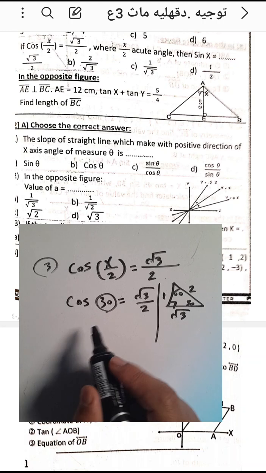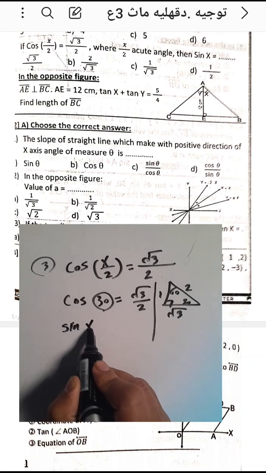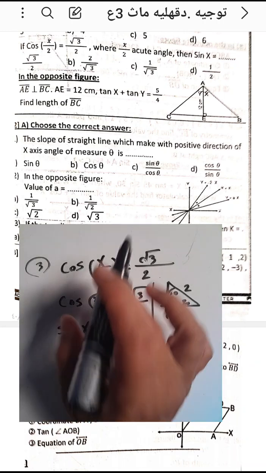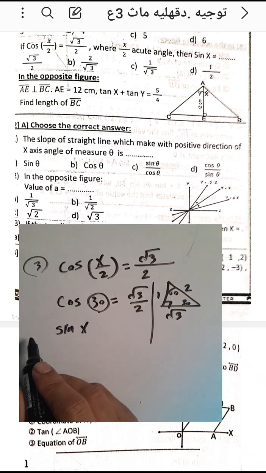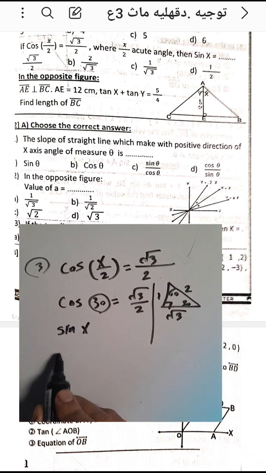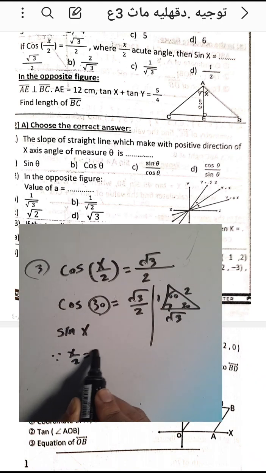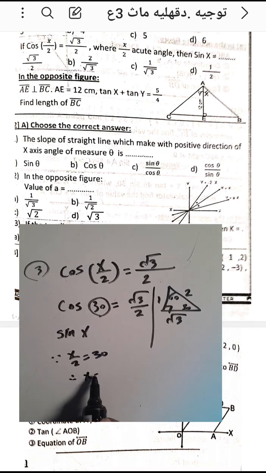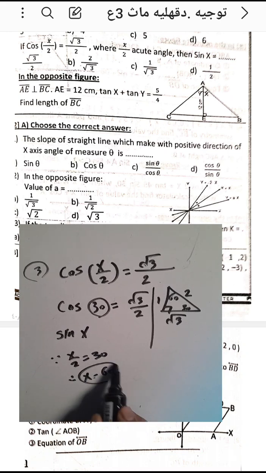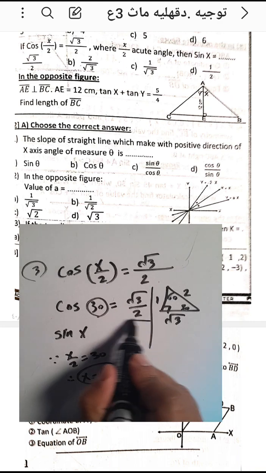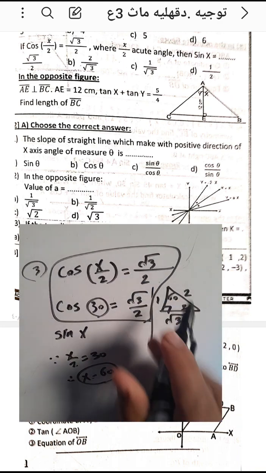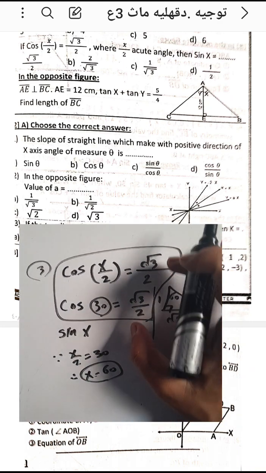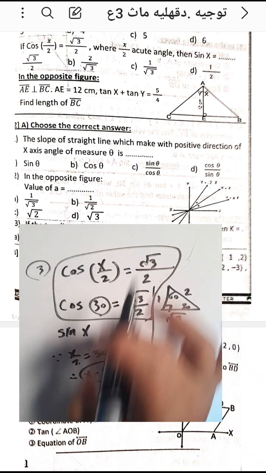You want to find sine x. This angle x over 2 equals 30, so x will be 2 times 30 equals 60. Understood? From the equation, x over 2 is 30, then x is 60.